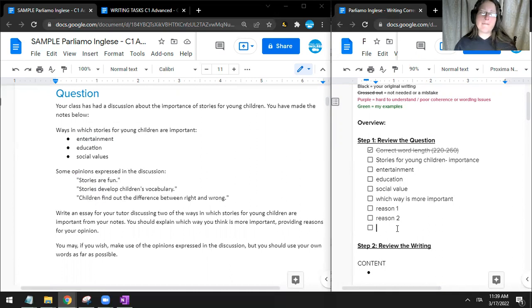Also, we know that we're writing an essay, so it's going to have formal language. And also we know that an essay typically follows an essay style format. So for example, we're going to have an introduction.